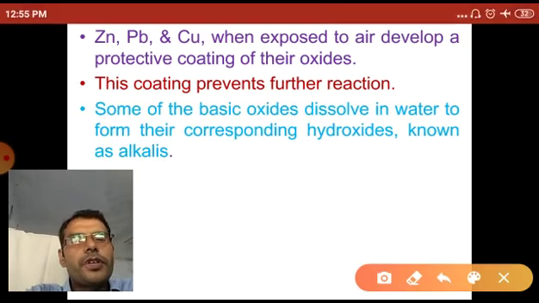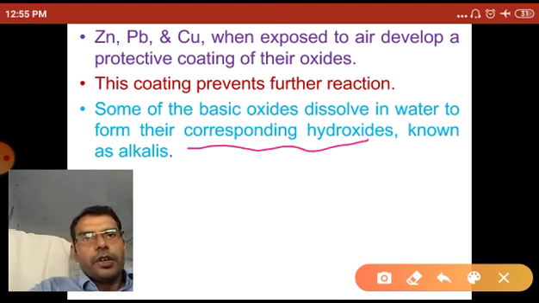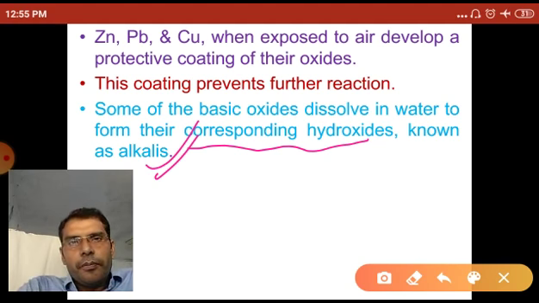Some of the basic oxides, when dissolved in water, form their corresponding hydroxides, and those corresponding hydroxides are called alkali. In other words, those bases which dissolve in water are called alkali.